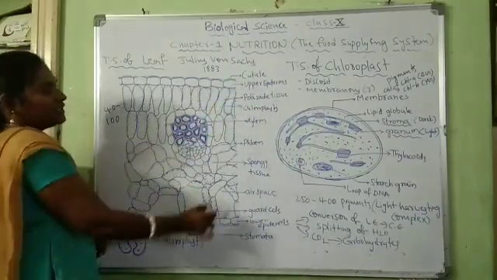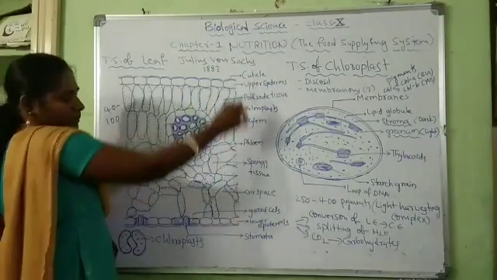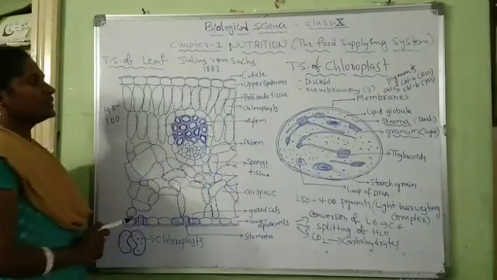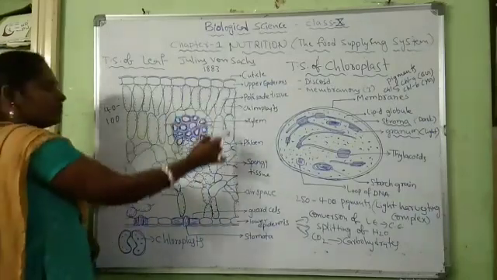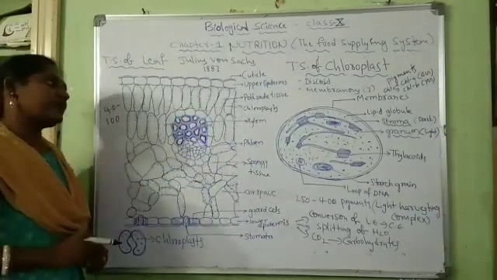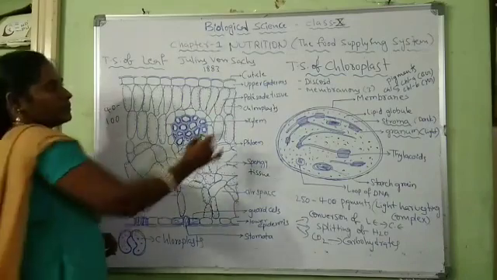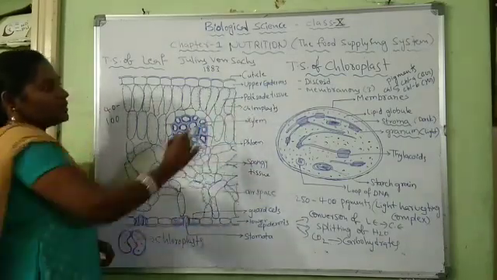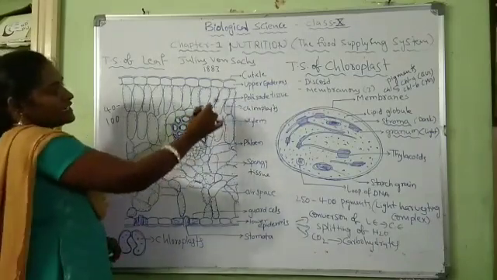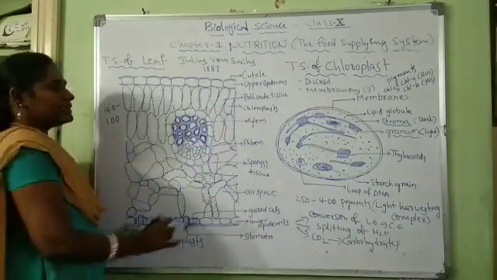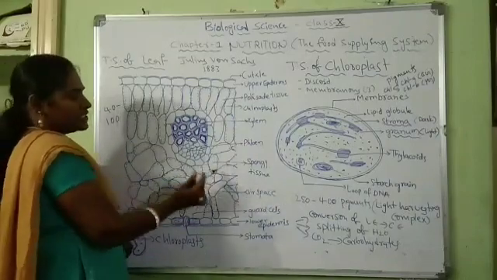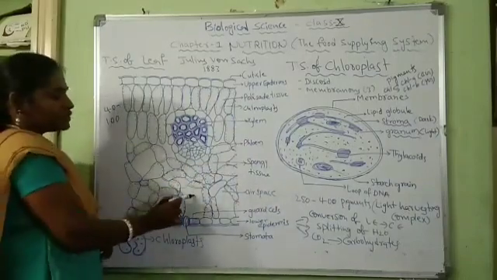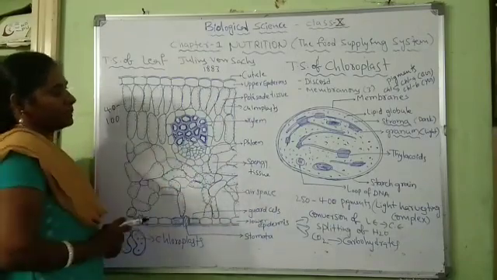In between those two epidermal layers, there is mesophyll tissue. This mesophyll tissue is again divided into two types, palisade tissue and spongy tissue. Palisade tissue cells are cylindrical in shape, whereas spongy tissue cells are irregular in shape, and these cells have so many air spaces.